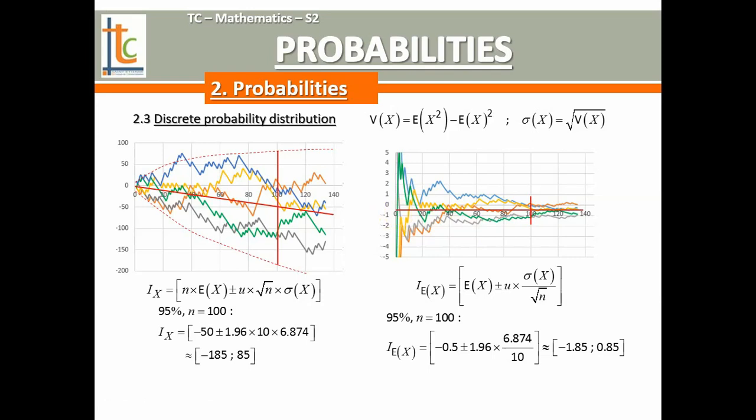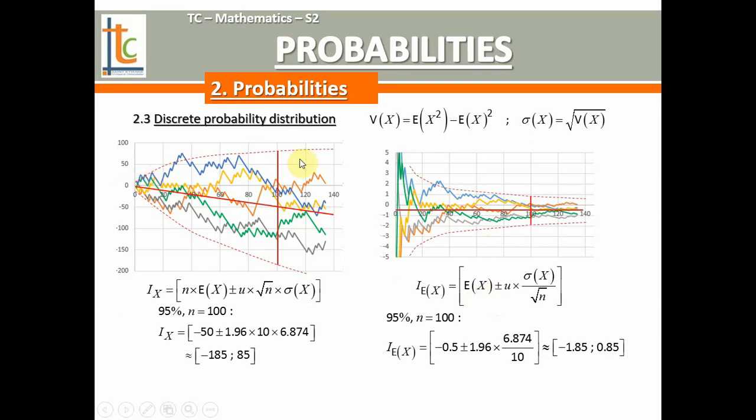This time, the curves that put a limit on these 95% confidence intervals present this shape. These are not parabolas, but they are close to hyperbolas.